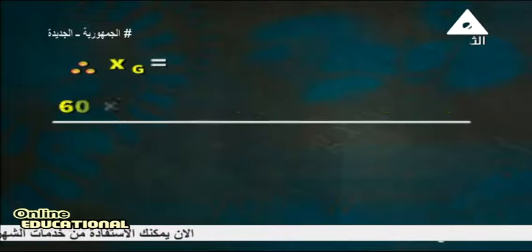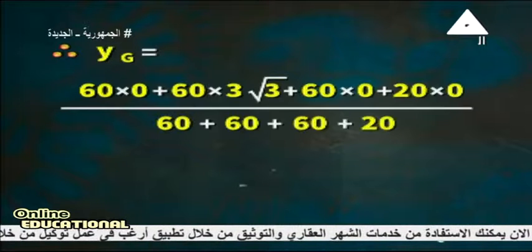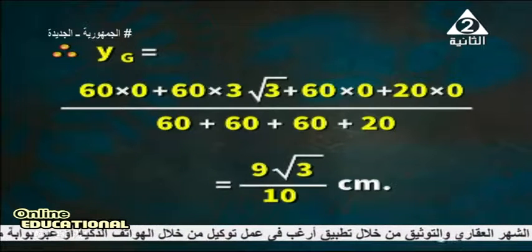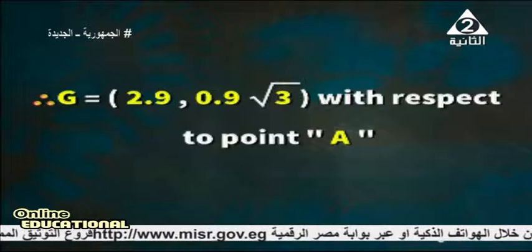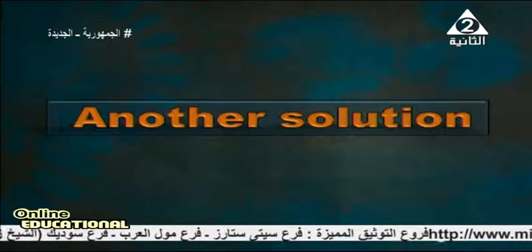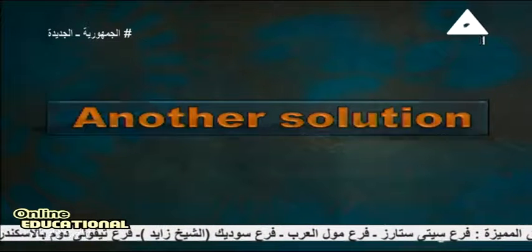We know xg equals 2.9 and yg equals 9 root 3 over 10, the center of gravity with respect to point A. We can solve this example by another solution.